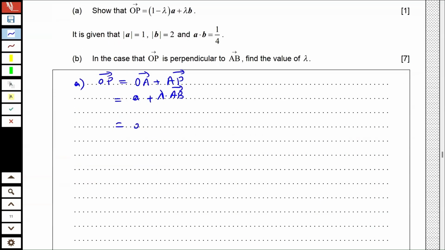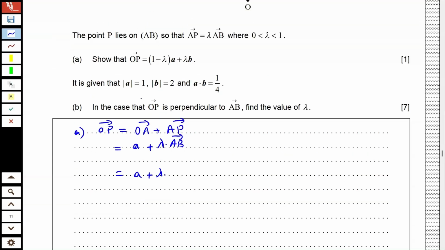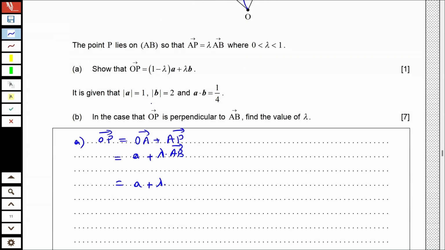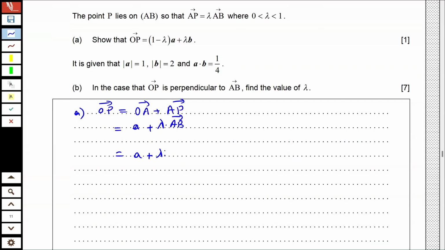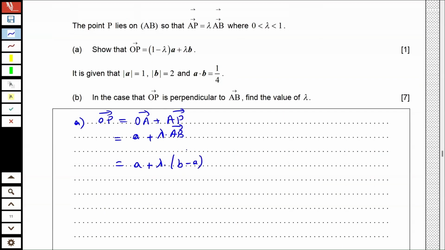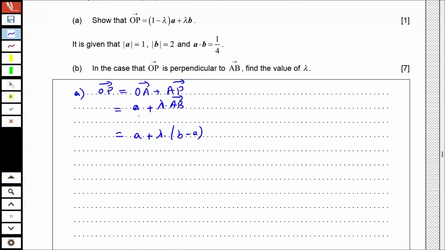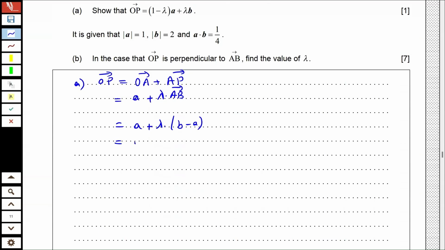From here, you can write A plus lambda times AB, where AB means B minus A. And from here, you can write A plus lambda times B minus lambda times A. If you write a common factor by A, it's going to be (1 minus lambda) times A plus lambda times B.